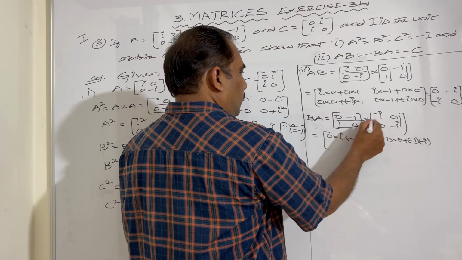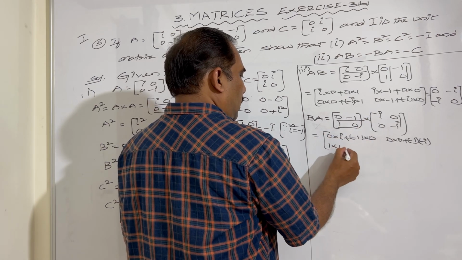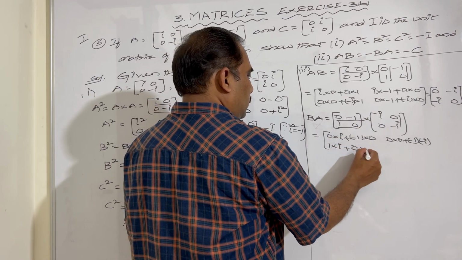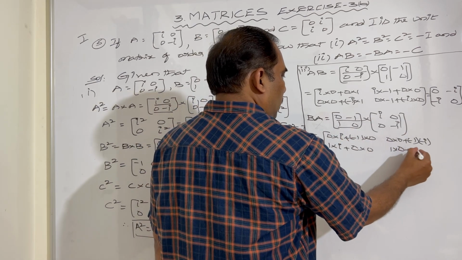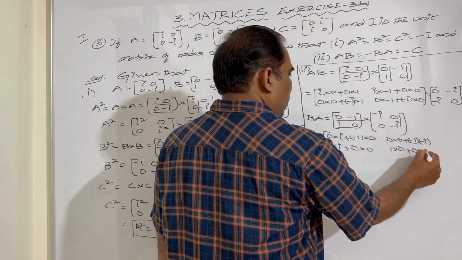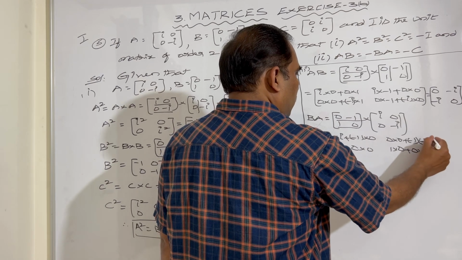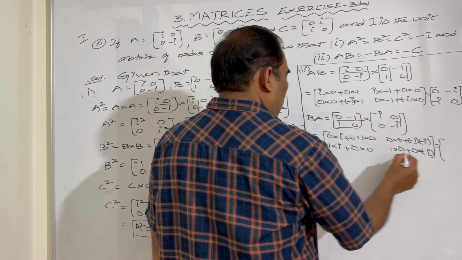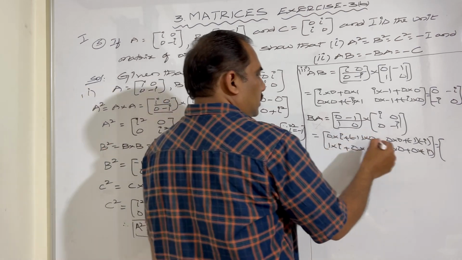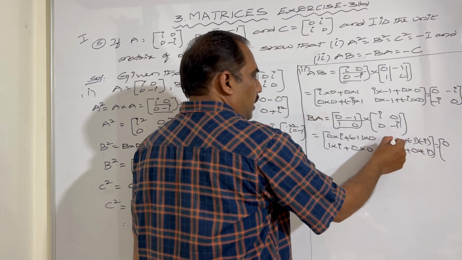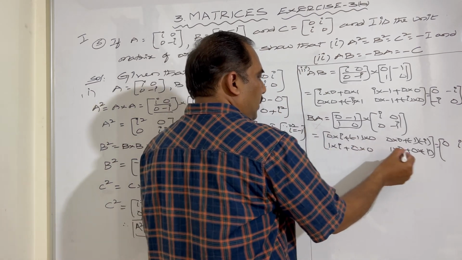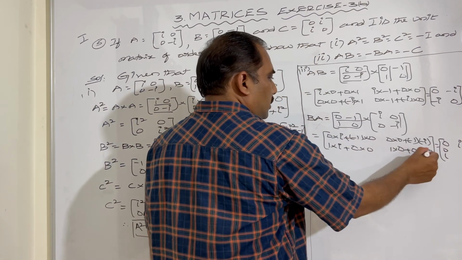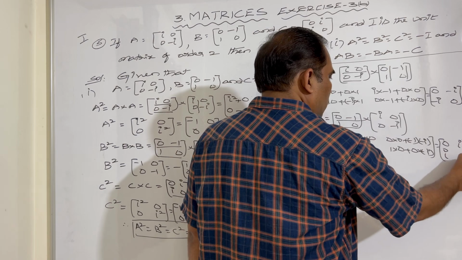Then second row first column, that is 1 into i and plus 0 into 0. And second row second column, that is 1 into 0 plus 0 into minus i. So finally we get 0, and it is also 0. Here 0 plus i, that is i, and here i plus 0, that is i, and 0 plus 0, that is 0 only.